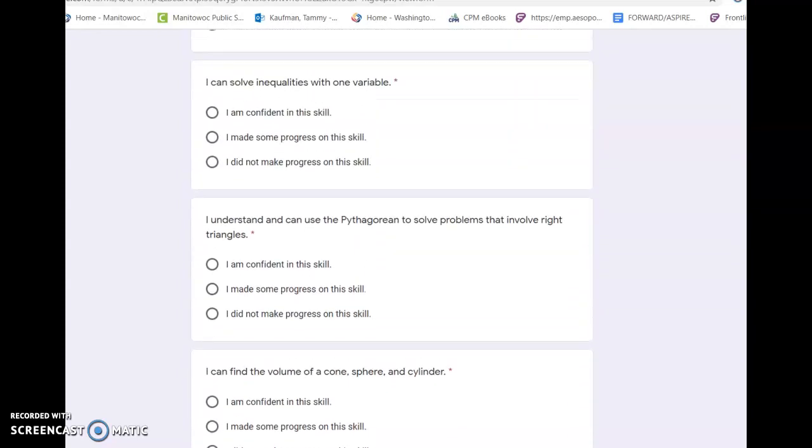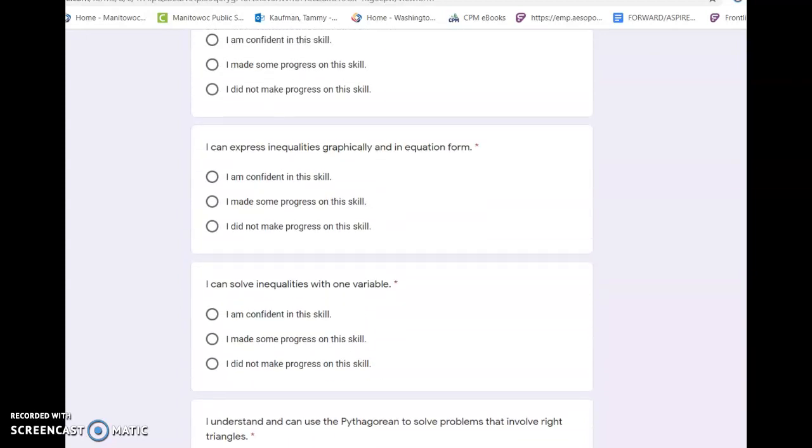Okay, so volume of cone and sphere was the first thing we did, and it's at the bottom of your form. The next one is I can understand and use Pythagorean. I apologize, the word theorem should be there. That was the next thing that we covered, using Pythagorean theorem to solve problems that involve right triangles. You can look at that assessment and rate yourself on that. Now, it's weird because then we skip up to the top.